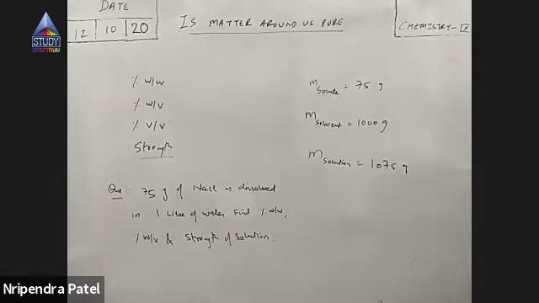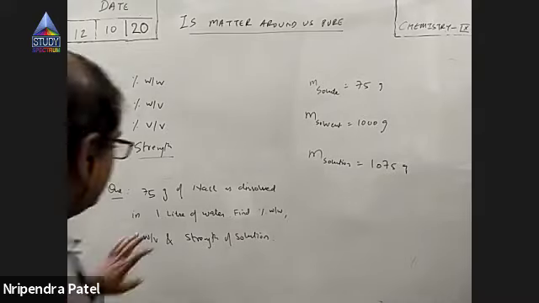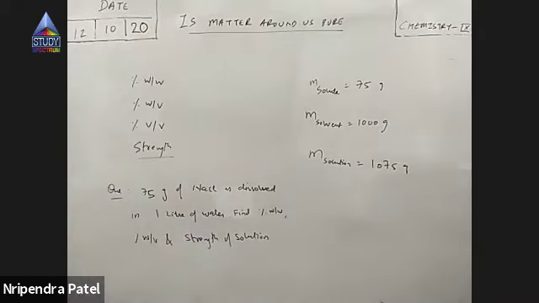Here salt is the solute, and its mass is 75 grams. The solvent is 1 liter of water in which you have dissolved it, and 1 liter of water means 1000 gram of water. So 1000 gram plus 75 gram, that is 1075 gram of solution.